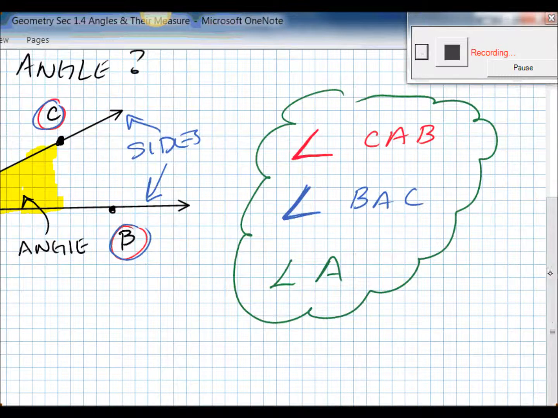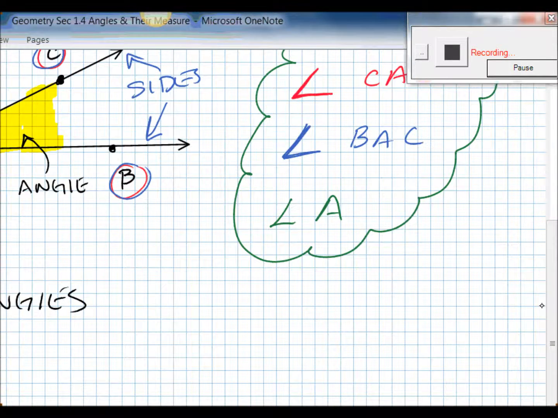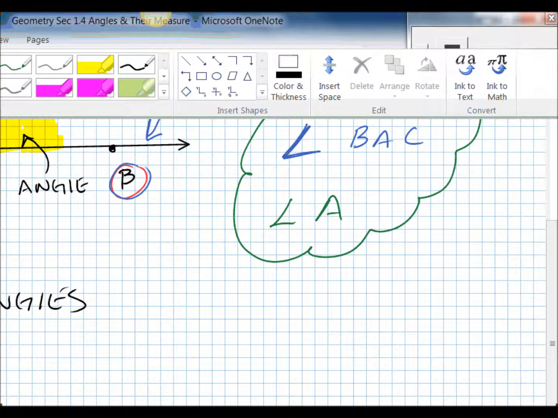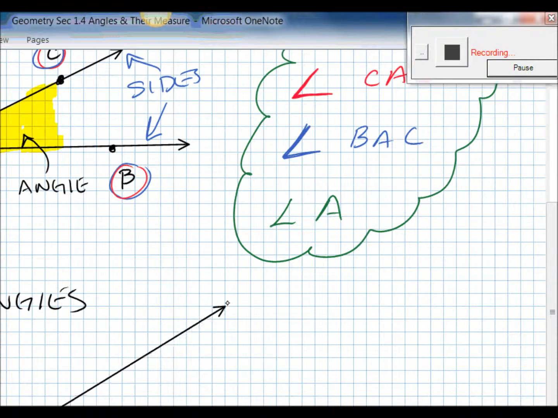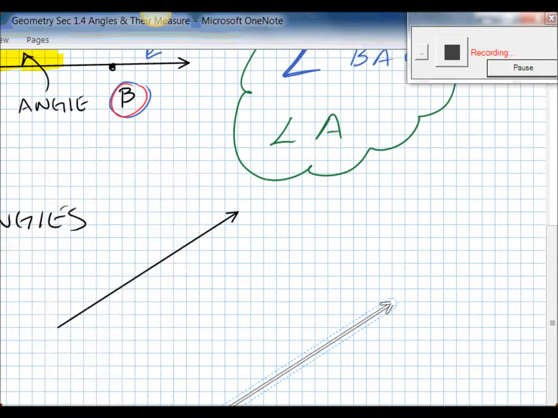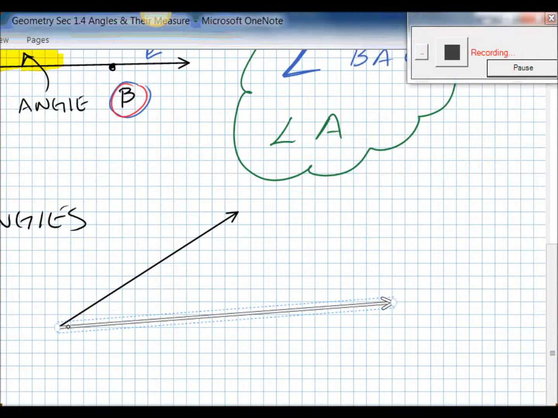All right, let's practice with it. Let's move down a little bit here. A little second box. All right. Let's name some angles. Okay, so draw yourself 3 rays joined at one spot with your ruler. So there's one ray. There's another ray.